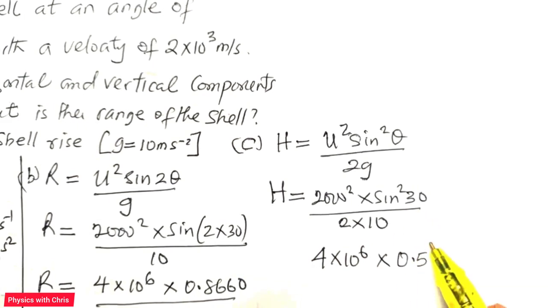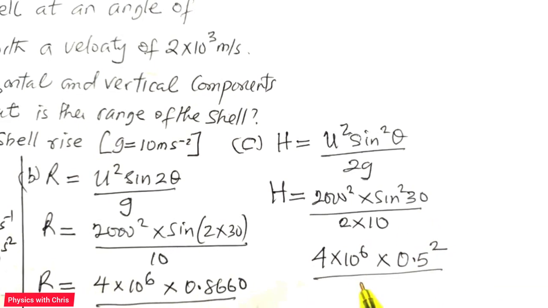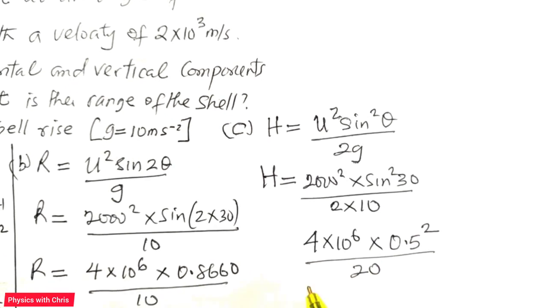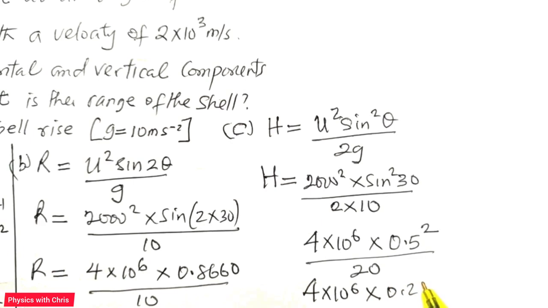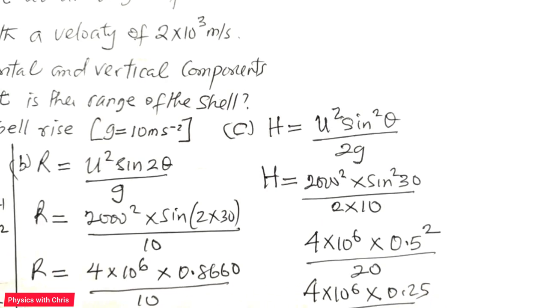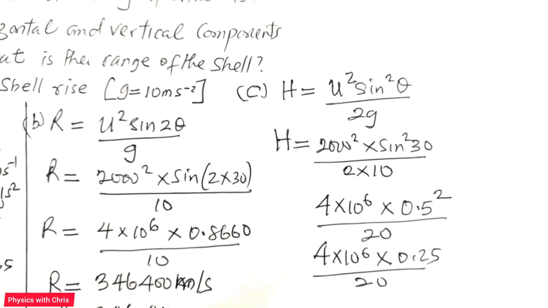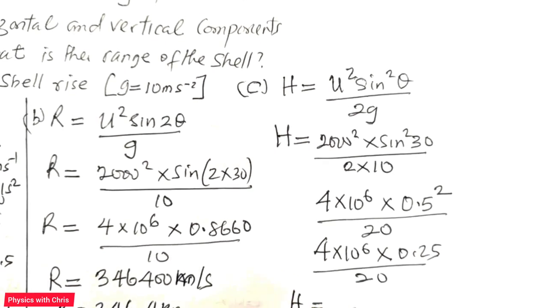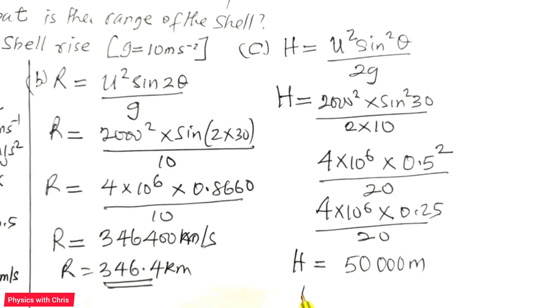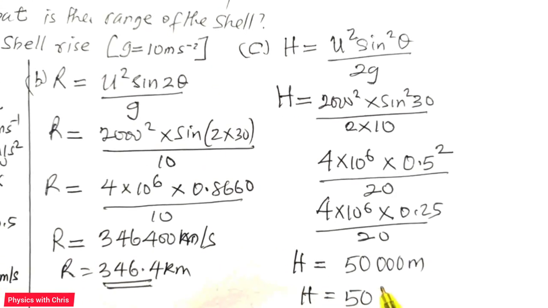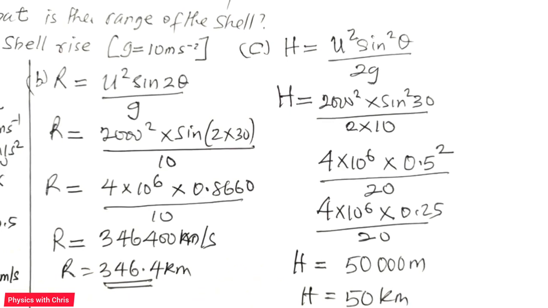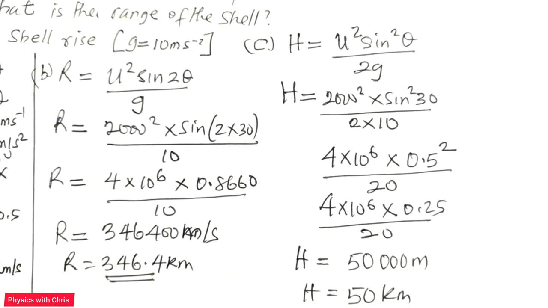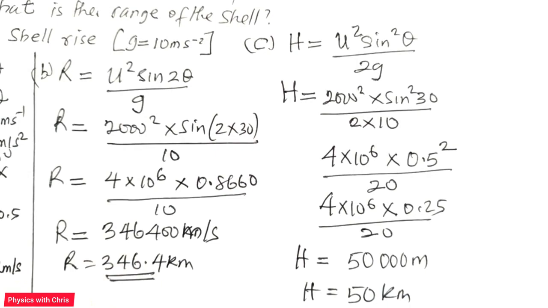So I put 0.5, then apply the square, divided by 20. That gives me 4 times 10 to the power 6 times 0.25 divided by 20. By the time I evaluate this, I'll have the maximum height attained by the shell as 50,000 meters. In kilometers, this will give you 50 kilometers. That is the maximum height risen by the shell.